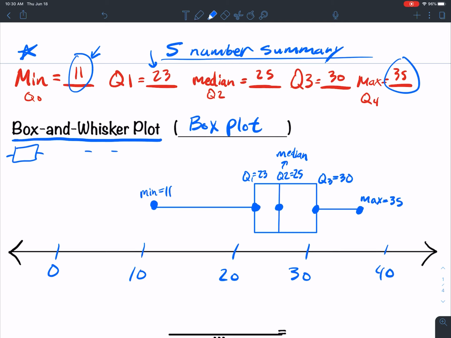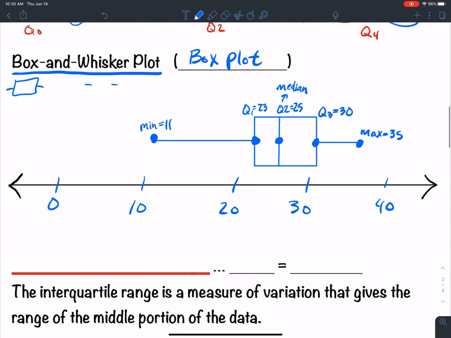Now, this inside range in here is a special thing called the interquartile range, also abbreviated IQR sometimes. What is the range from?